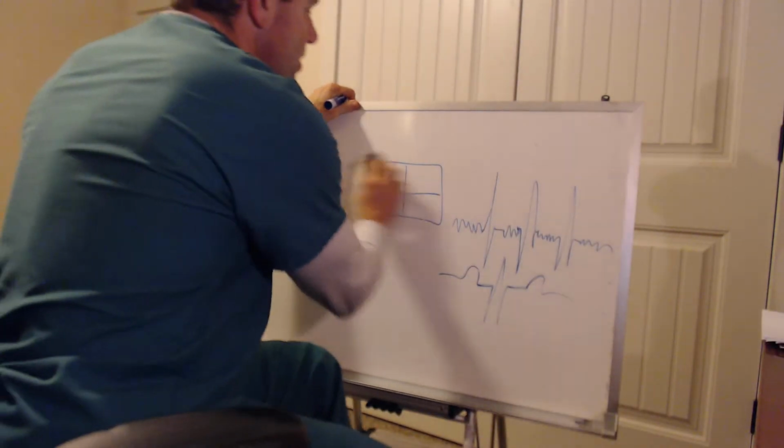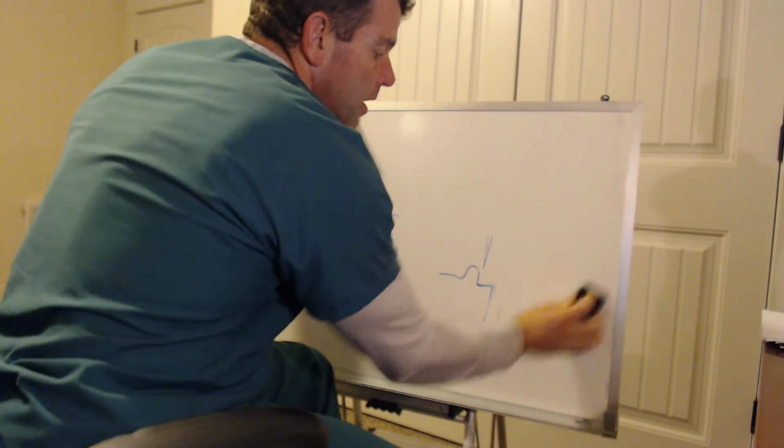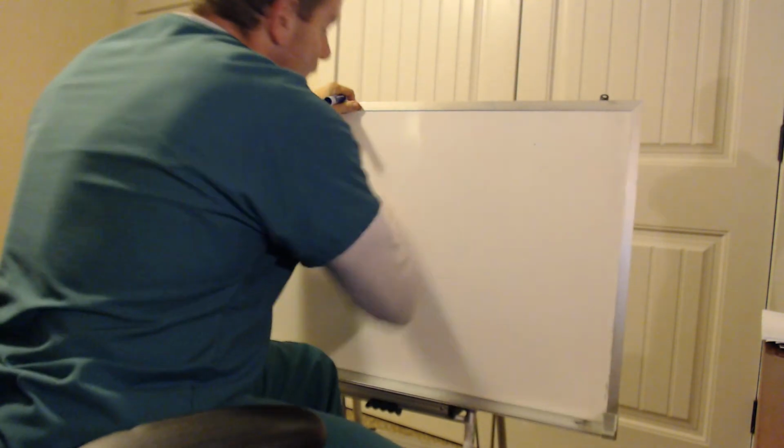Right. Well, in some cases, if that person was electrocuted, they might also have to have a pacemaker implanted. The pacemaker, of course, is going to be an artificial version of the SA node.